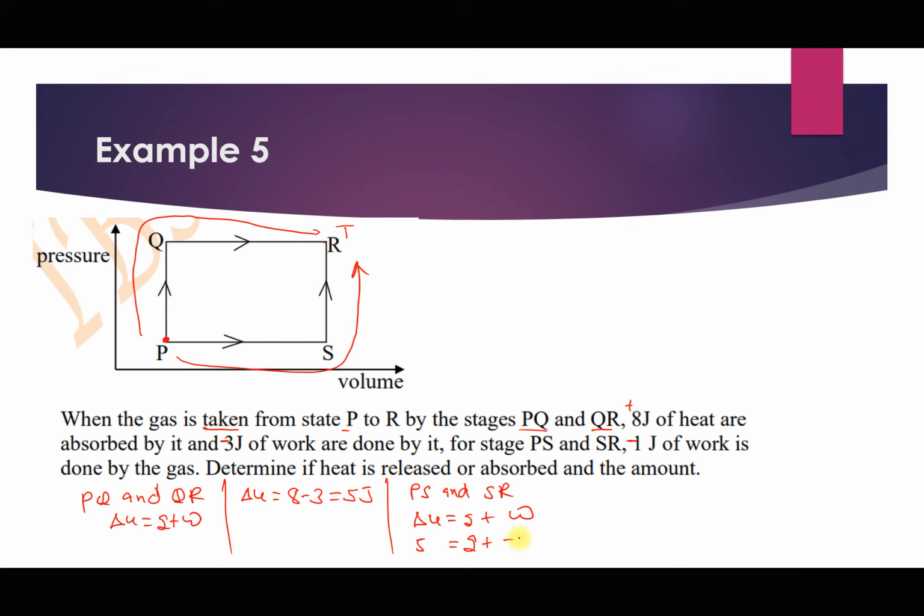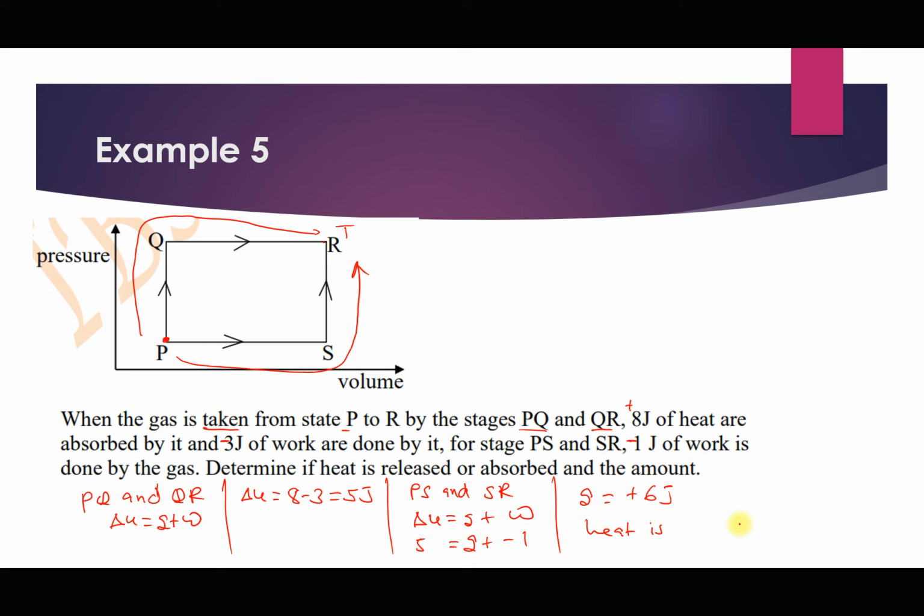So this is going to be plus negative 1. So this makes Q equal to positive 6 joules. Because Q is a positive value, determine if heat is released or absorbed. So heat is absorbed.